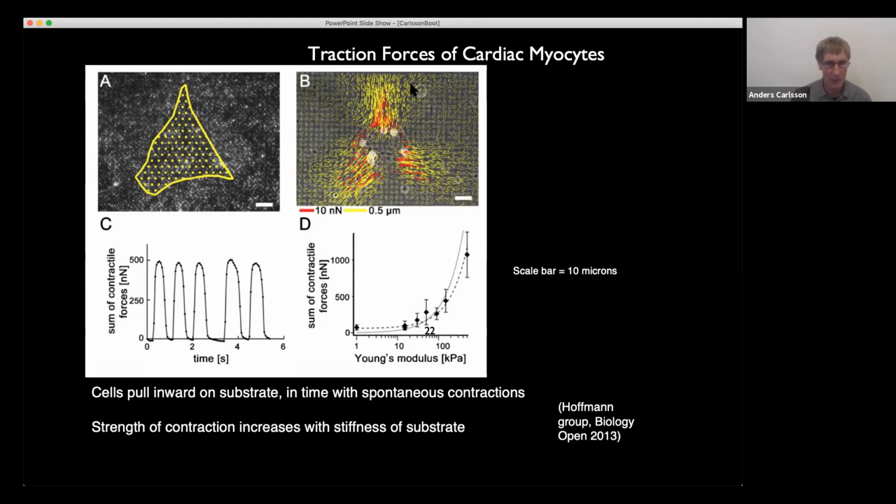And that's what's shown here on the right. The yellow is the displacements, and the red is the forces. So it's a little hard to make it out, but in fact, the forces are all inwards. So you put this cell down on the substrate, and it automatically starts contracting and pulling in on the substrate. So the cell is a very active entity in this case.